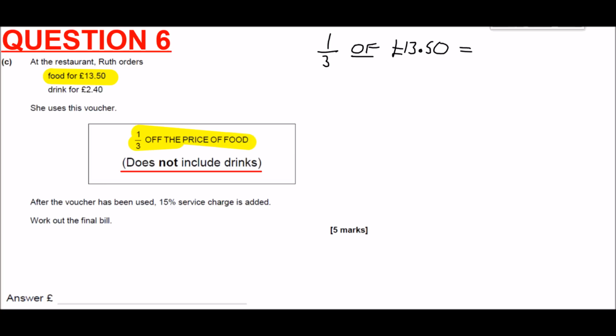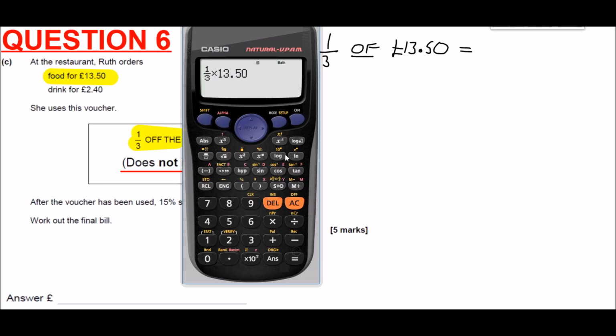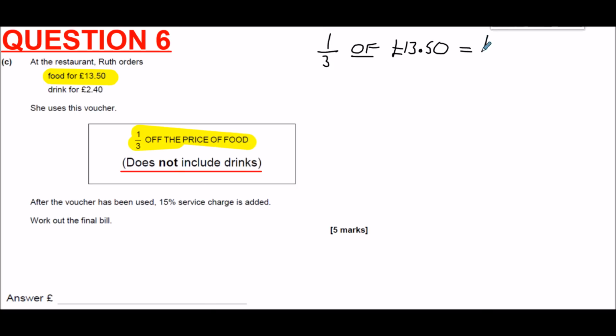Or we can use a fraction button and do the fraction multiplied by the amount in question, which is 13.50. And that gives us £4.50. And so we need to take this off, which means we need to subtract this discount from the total food price.